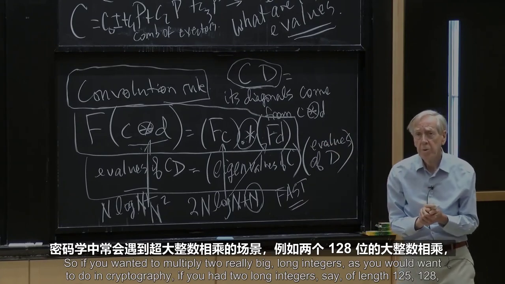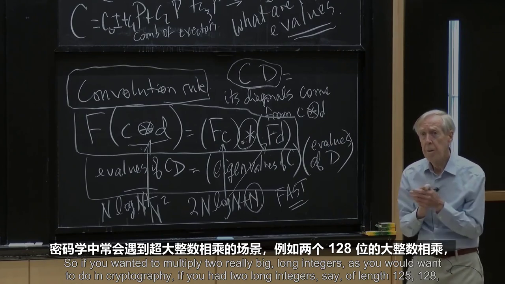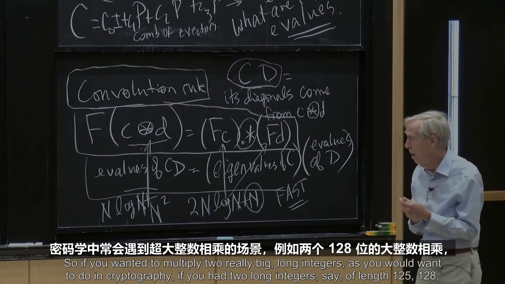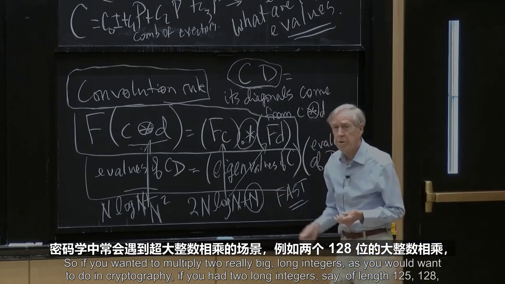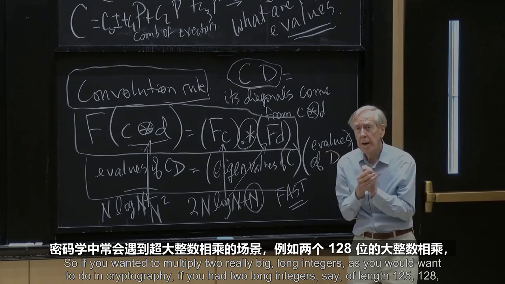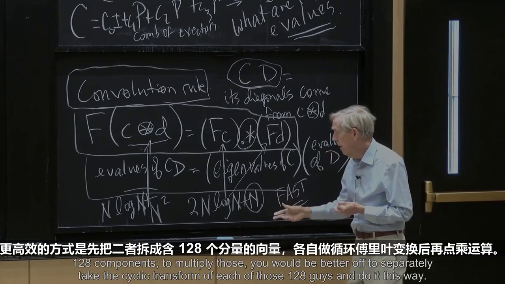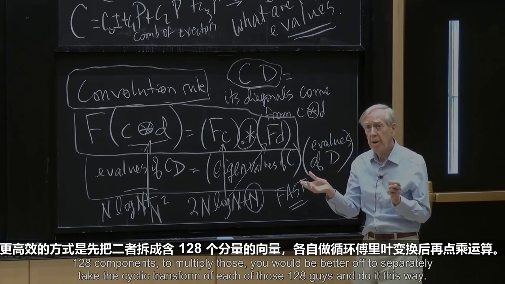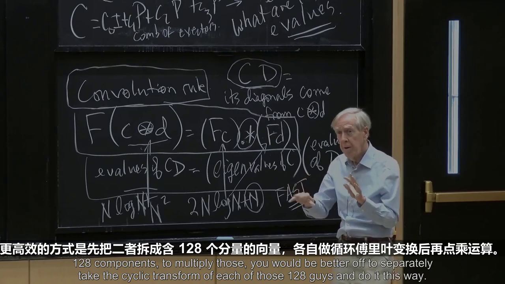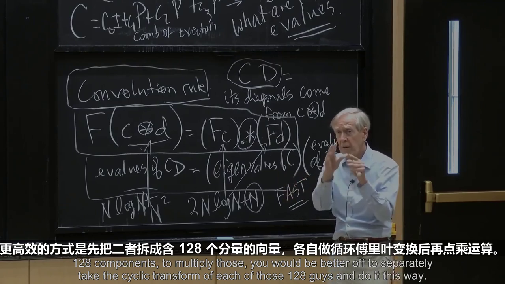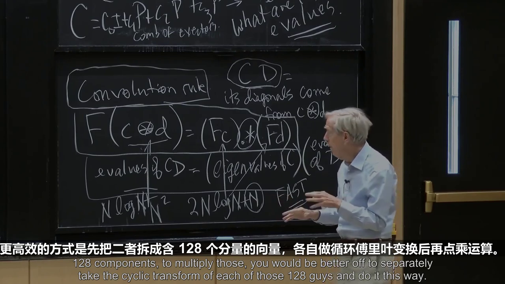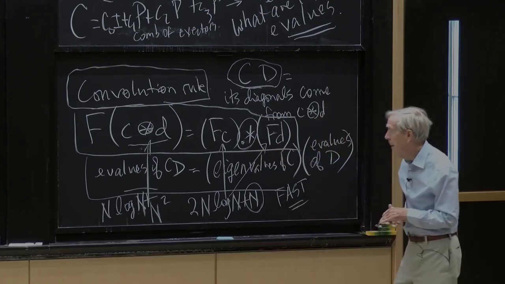So if you wanted to multiply two really big, long integers, as you would want to do in cryptography, say of length 128 components, you would be better off to separately take the cyclic transform of each of those 128 guys and do it this way.